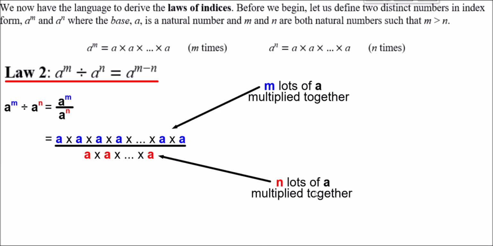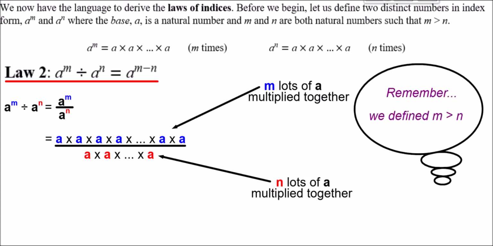But now let's remind ourselves of what we said about m and n. What we said is that m is bigger than n. This is going to be very important to our proof. So in a thought bubble there, I'll put this to remind ourselves of how m and n relate. And so as we know from basic fractions, we can cancel the same terms on the top and the bottom.